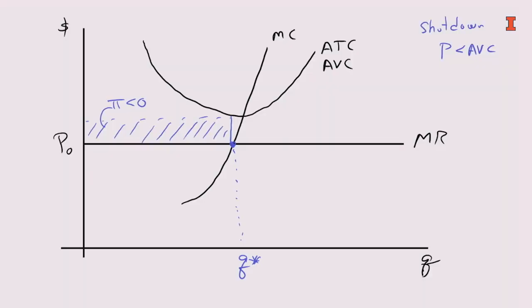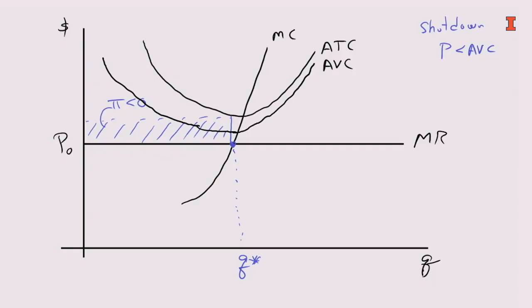You can imagine instead, I'm going to draw the average variable cost legitimately. I can do this as something like this. It's U-shaped, has its minimum along the marginal cost curve, and it looks something like that. So if I had drawn it there, what would the solution to the problem be?